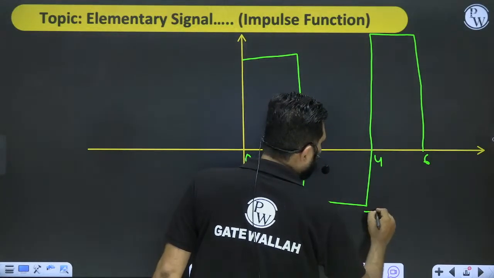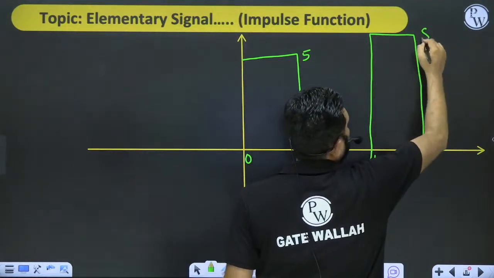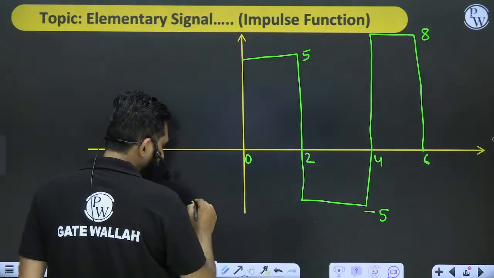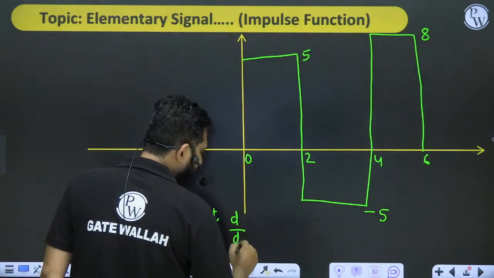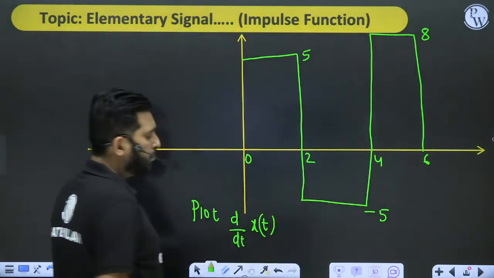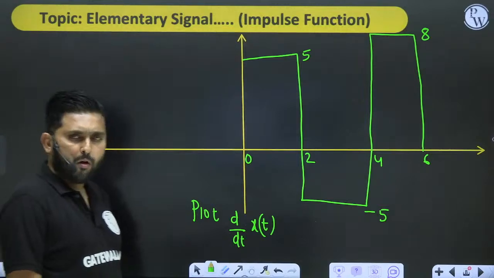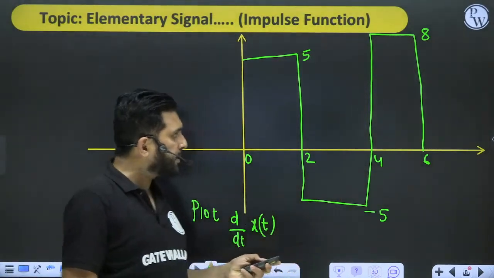This value is minus 5, this value is 5 and that value is 8. Plot d by dt of x of t, easily you can plot. That's the derivative part and how we encountered the impulse function.